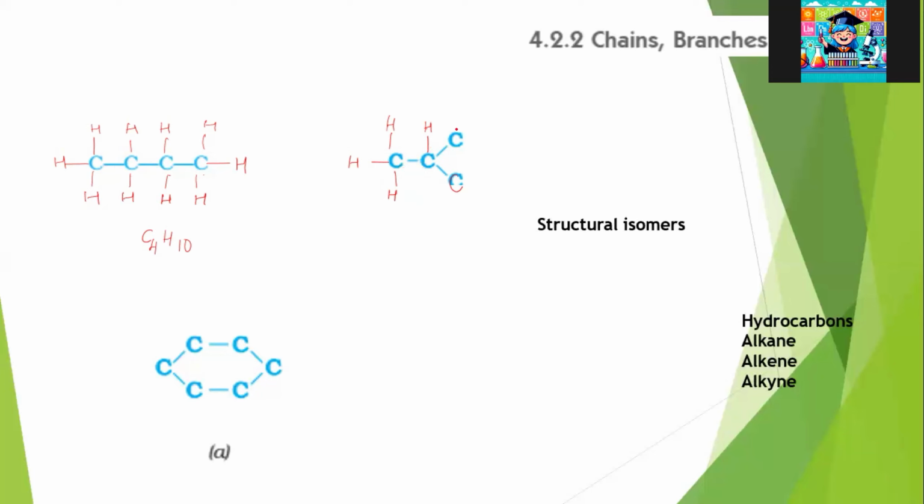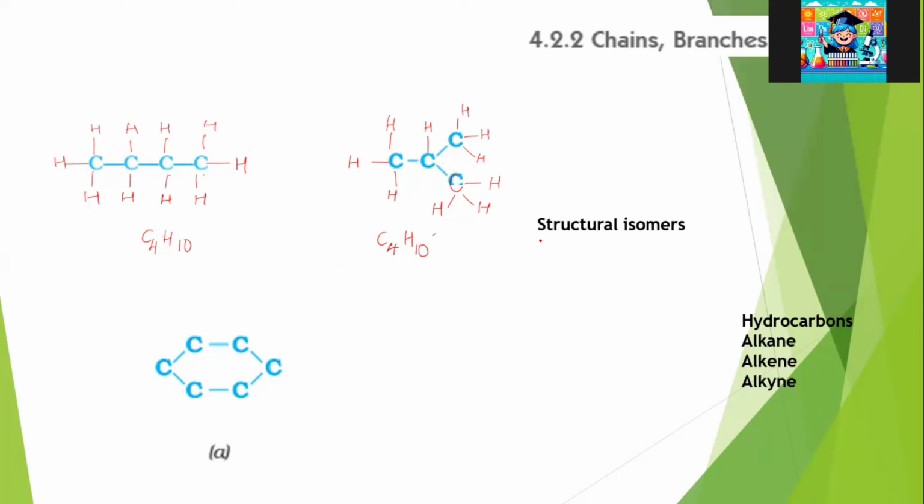And for this carbon, it will need 3 hydrogens around it. Similar is the case of this carbon. Then only all the carbons in the skeleton of this molecule will have 4 bonds around them. Here also the formula is C4H10.